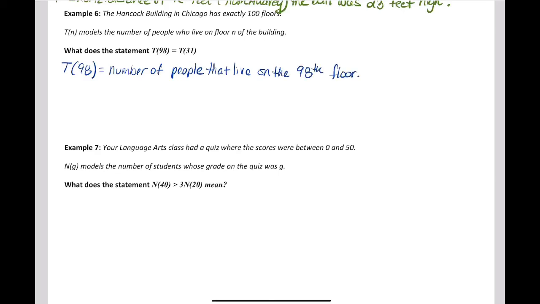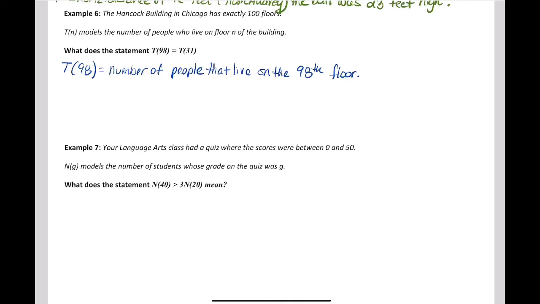T of 98 equals the number of people that live on the 98th floor. This is one of the more confusing things with functions, especially with the notation we're talking about today: we might confuse 98 with 98 people live there, but live where? We don't know.